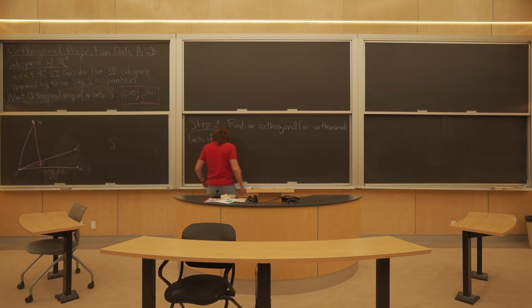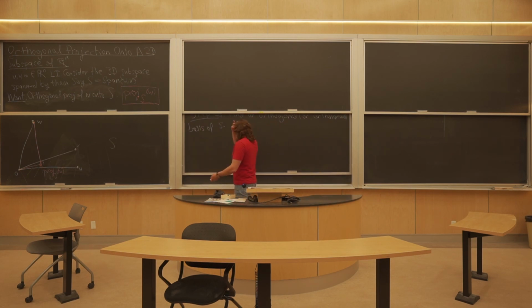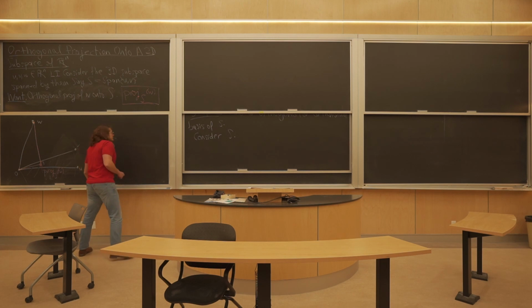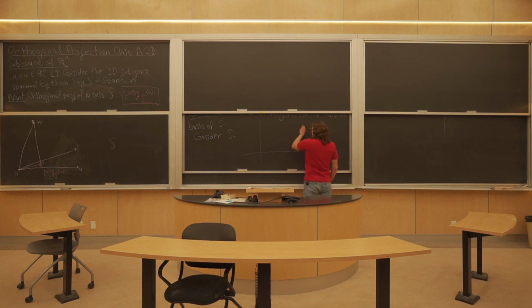So start with u. I'm going to build a basis like this. So consider S. This right here is S. It is two-dimensional. I know that it looks like this.